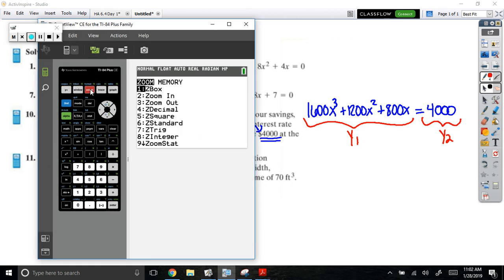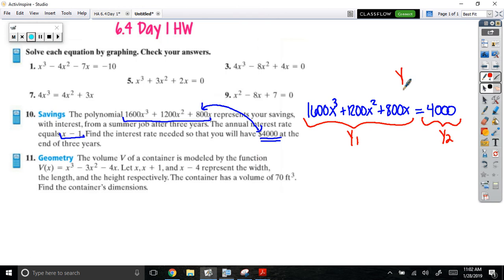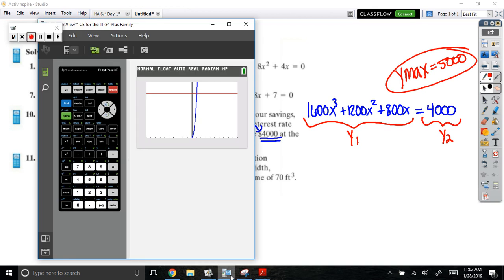All right, so Zoom, window, y max. Change it to like 5,000. Works pretty nicely. Okay, so again, I changed my y max to 5,000, and I got a pretty nice graph.